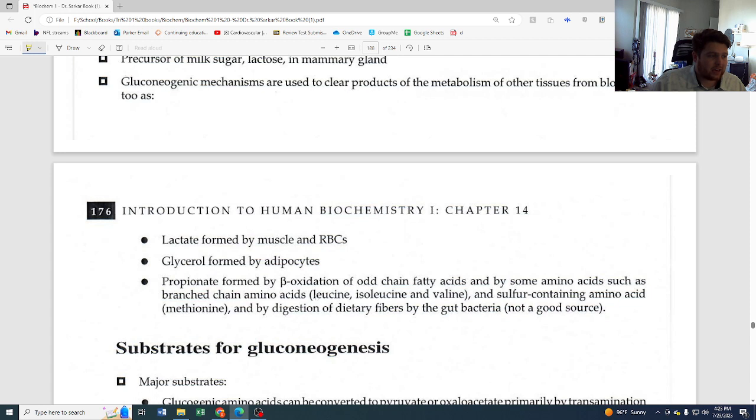Remember, I live on a branch, L-I-V, live on a branch. And sulfur-containing amino acids such as methionine. Remember what the other one is? What's the other sulfur-containing amino acid? The cysteine. And by digestion of dietary fibers by the gut bacteria.